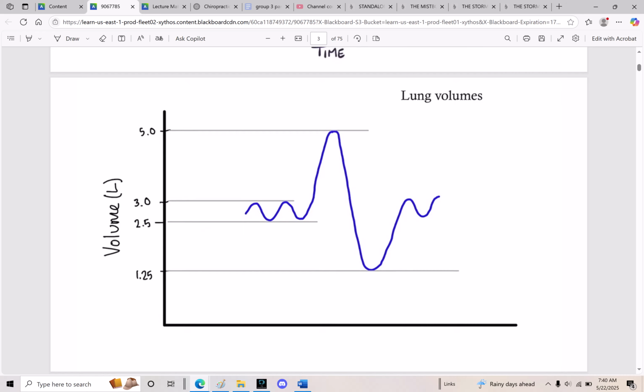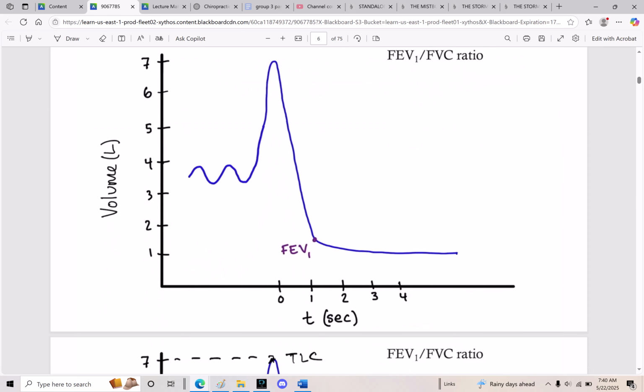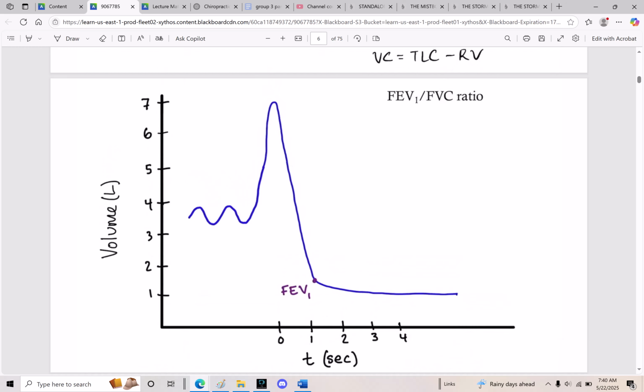So this is what we're talking about: the FEV1 to the FVC, the ratio between the two. You take the amount of air the person is able to exhale forcefully, and you have to force him or her to breathe out fast, and that's why we call it forced. It's compared to the amount of air they took in. That's the ratio, right?